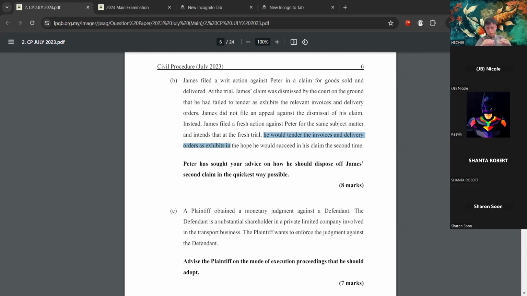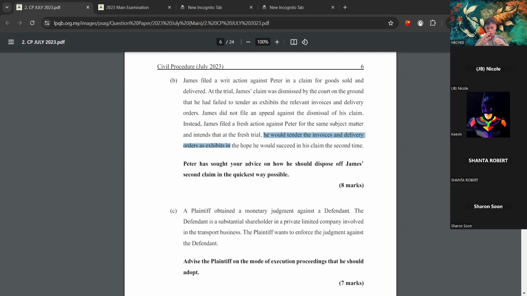Your conclusion is based on the fact that the matter has been adjudicated by the court in the previous proceeding, and instead of appeal, James has filed an action for the same matter again. This is what is explained in the case of Sim Kie Chun. Therefore, he has no reasonable cause of action, and Peter may strike out the pleadings filed by James.